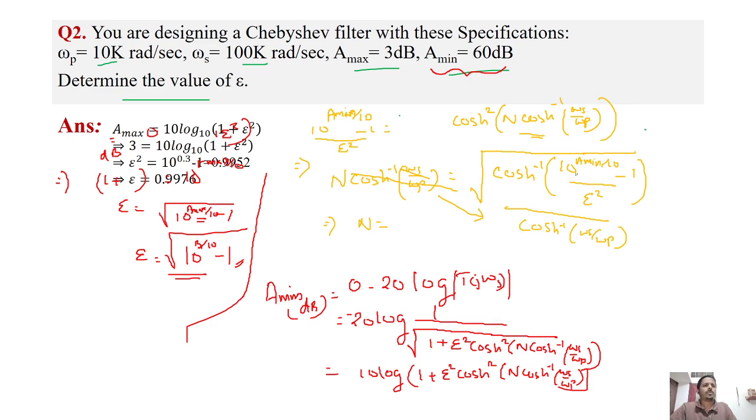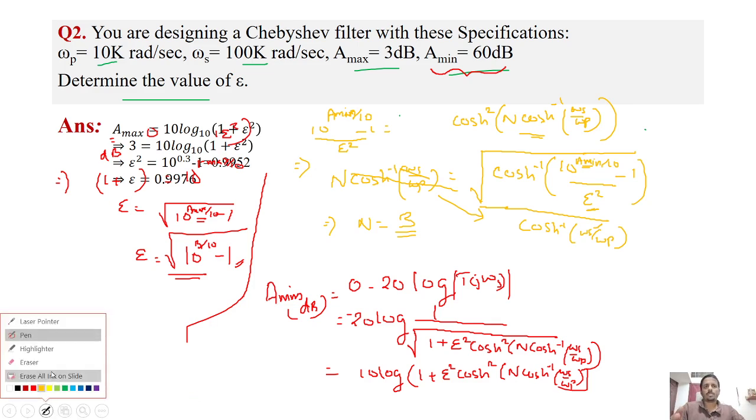You know all the values: I know A minimum is given as 60, and omega s is 100k. What is epsilon, that we found in the previous question, so we just need to substitute it and you will get some value of n which is near to 3. So this is how we'll solve that. Again, as the student has mentioned, we need to know the transfer function here.